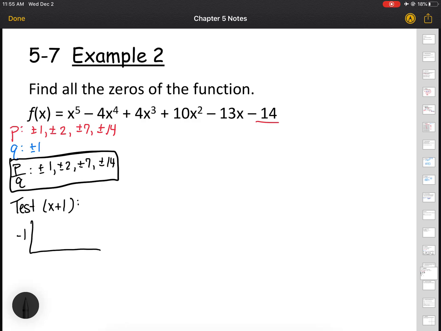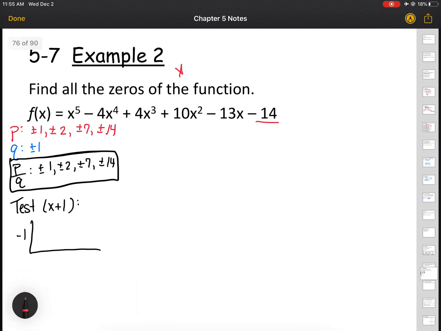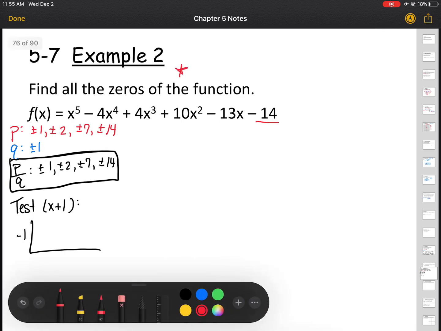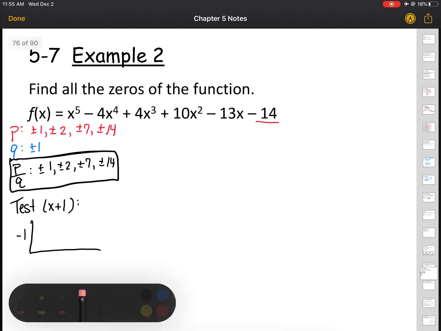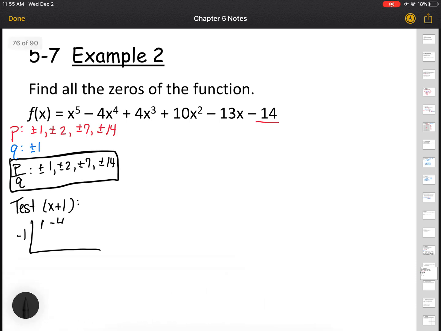My exponents are going from biggest to smallest order, and I'm not missing anything in this one. So I can just write out my coefficients of the polynomial here: 1, -4, 4, 10, -13, and -14.